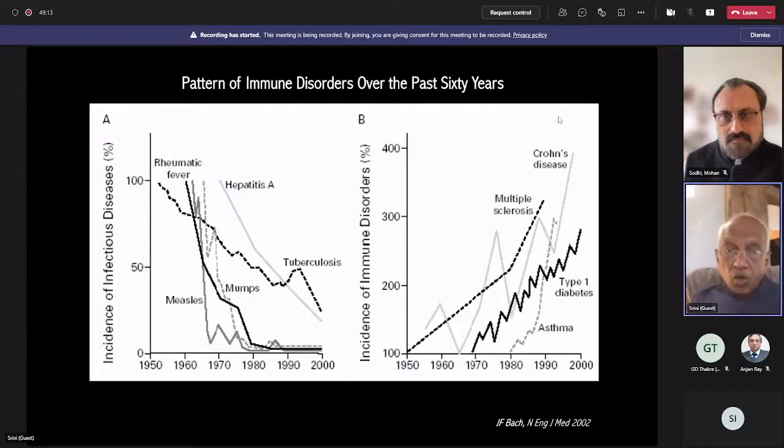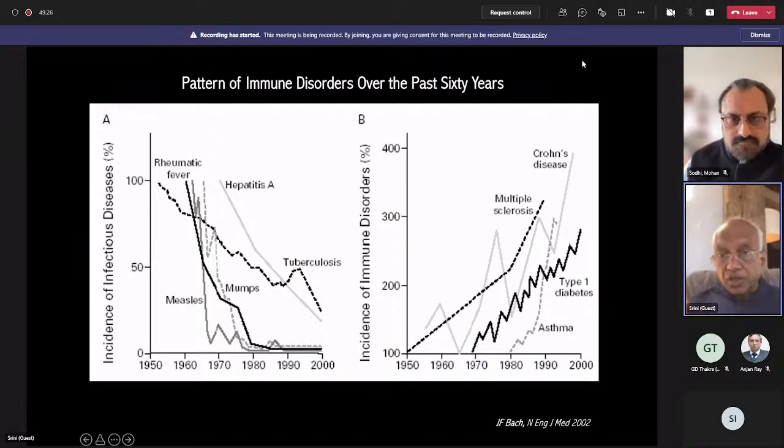If you look back over the last 70 or so years, many of the infectious diseases we controlled: hepatitis, rheumatic fever, measles, mumps, tuberculosis, to a great extent. But other diseases like multiple sclerosis, diabetes, asthma, Crohn's disease, allergies, they all started going up, including cancers.